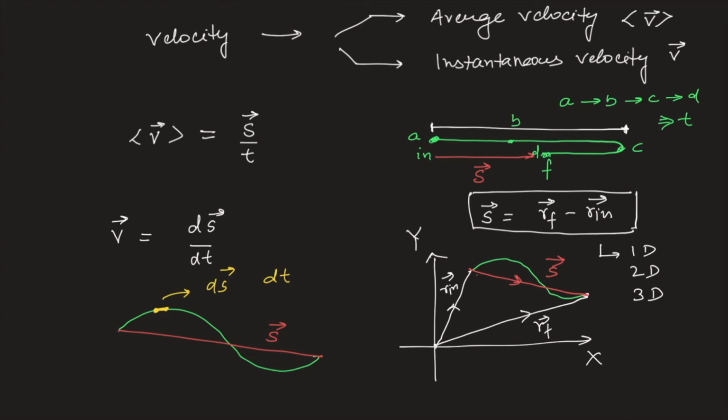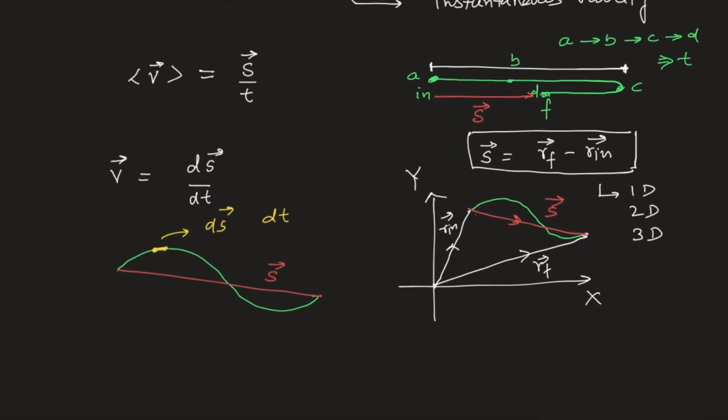The general way to do it in one dimension, let me change this. The general way to do it in one dimension is: let's say the position is x equals to, let's say, 3t squared something.